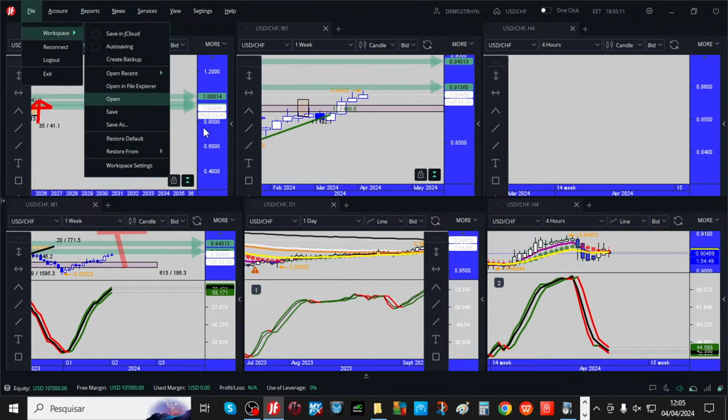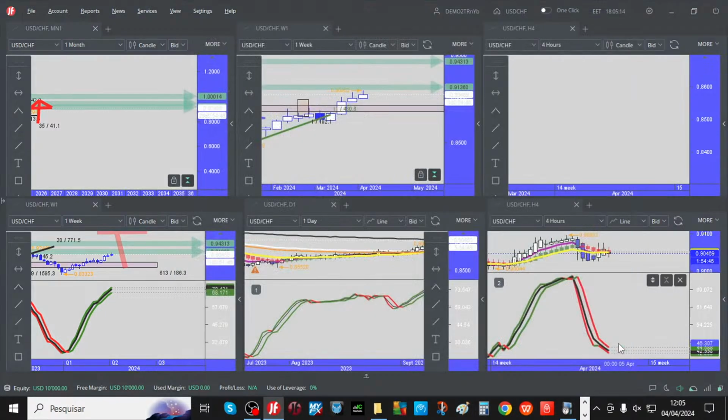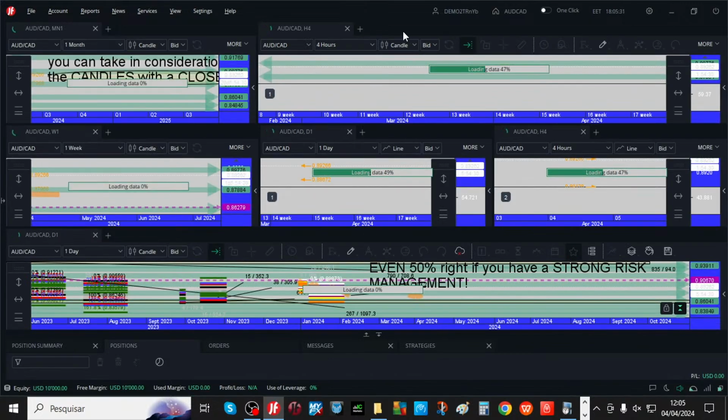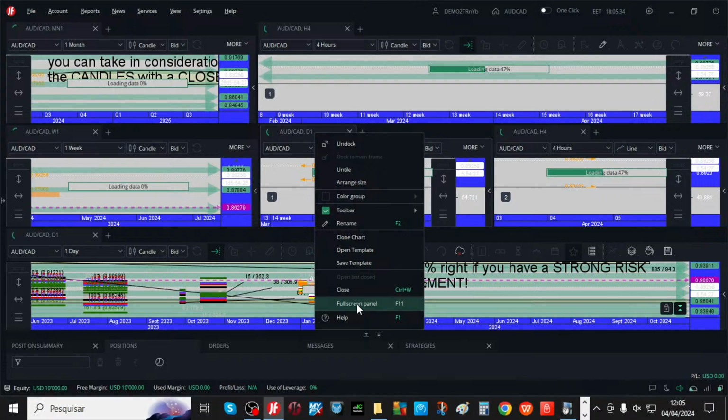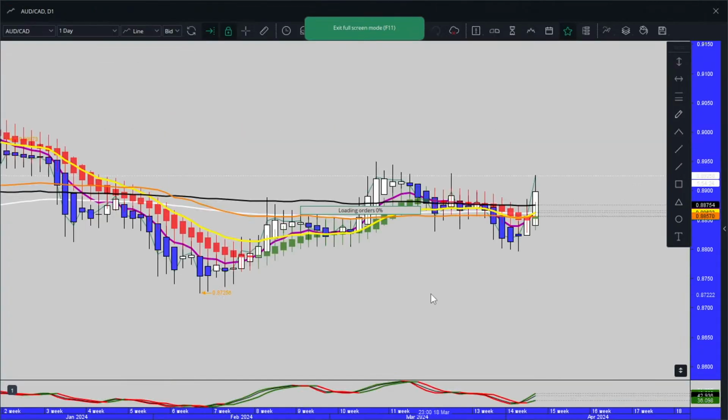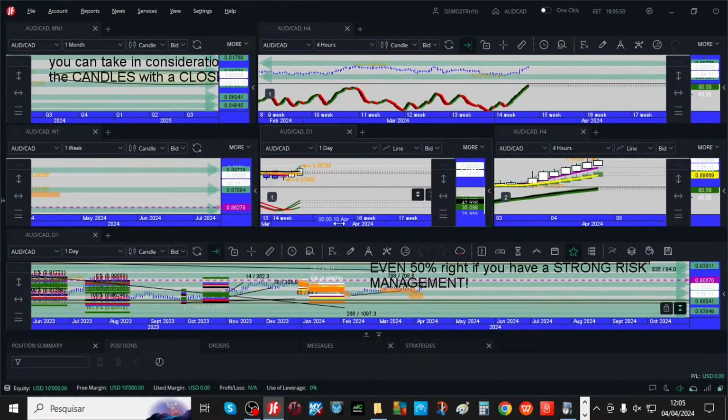File. Let's open AUD CAD. Let's see. Maybe not, everything is not lost. Give it a second. I'm going to tell you in a second if they did something stupid or not. Oh, hopefully not. But it's taking too much time, you know. Come on, right click, F11 again.